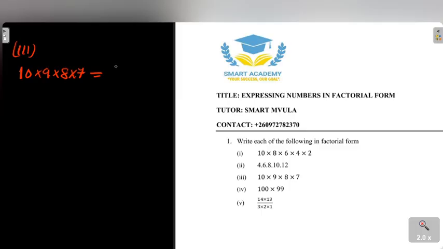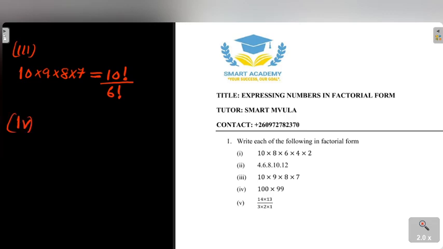Then 9 minus 8, 1. 8 minus 7, it is still what? It is still a 1 there. Okay, so we are going to start with a bigger number, which is 10 factorial. Then we are going to divide this by the last number, which is a 7. So say 7 minus 1, we have a 6 factorial. So meaning that we've written that one in factorial form.